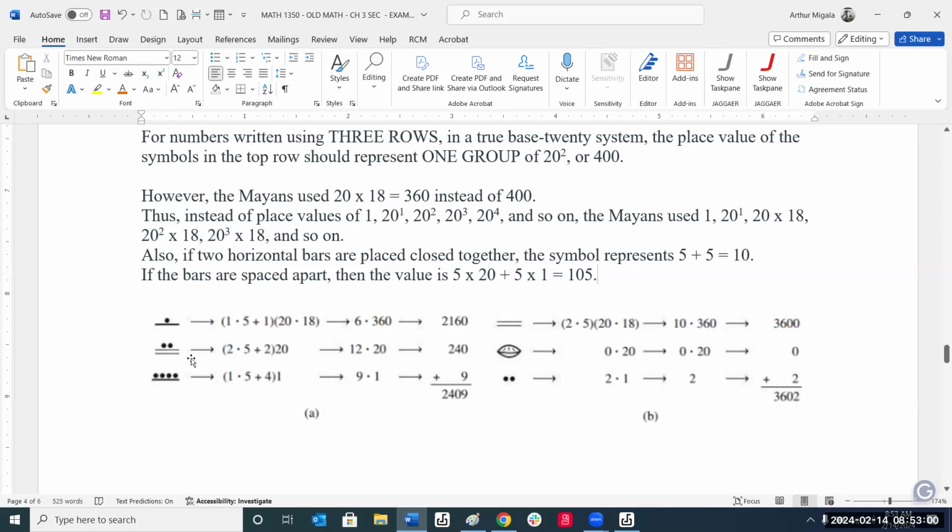Because you have two. It says here, if two horizontal bars are placed close together, the symbol represents 10. If the bars are spaced apart, it's 5 times 20.